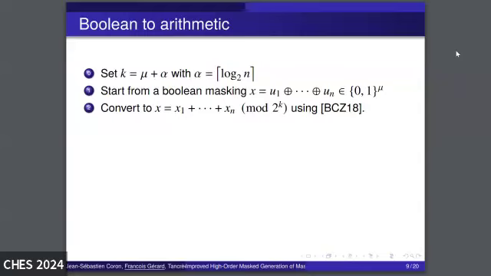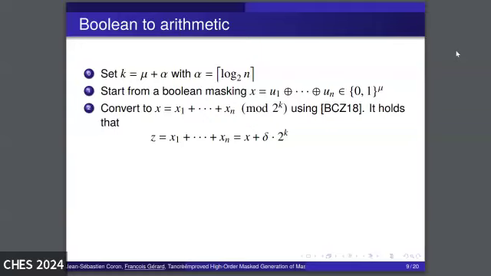So the observation is the following. If the shares add to x mod 2^k, it means that they are basically the value of x plus a multiple of 2^k, by definition. Our idea is to try to extract this value delta and then use that to recompose the value mod q.